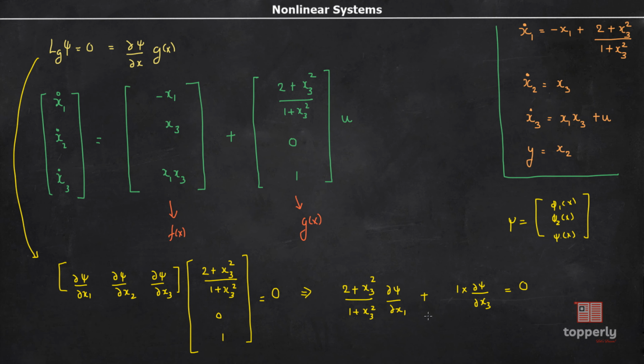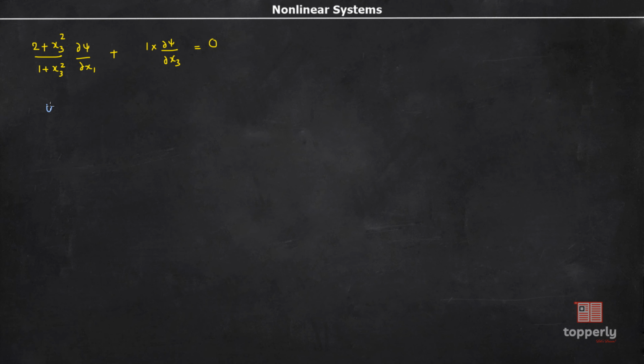Now this equation can be solved using separation of variables. Let us first assume a solution of the form psi equal to m1 of x1 plus m2 of x3. Therefore, dou psi by dou x1 will be dm1 by dx1, and similarly dou psi by dou x3 will be dm2 by dx3.